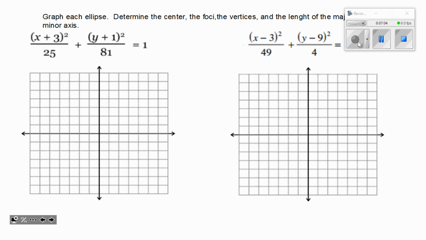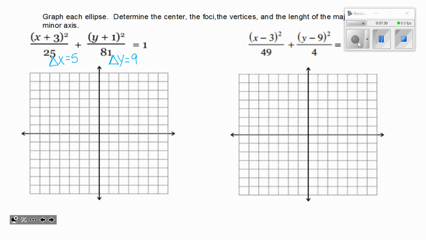Sometimes we're going to see these equations written like this. Notice this format from the one we previously did. We had the parentheses including the denominator, and these do not. So when it's written like this, we just need to understand that the change in x here is the square root of 25, so it's 5. And the change in y right there is the square root of 81, so it's 9.